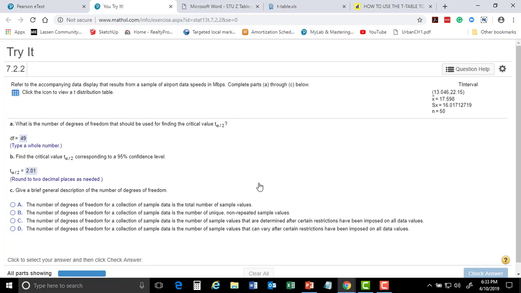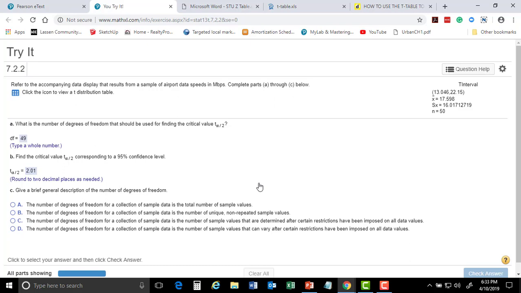Okay, so let's take a description of what it means for the number of degrees of freedom. So the number of degrees of freedom for the collected sample is the total number of sample values? No, you've got to subtract one. The number of degrees of freedom is the number of unique non-repeated values?